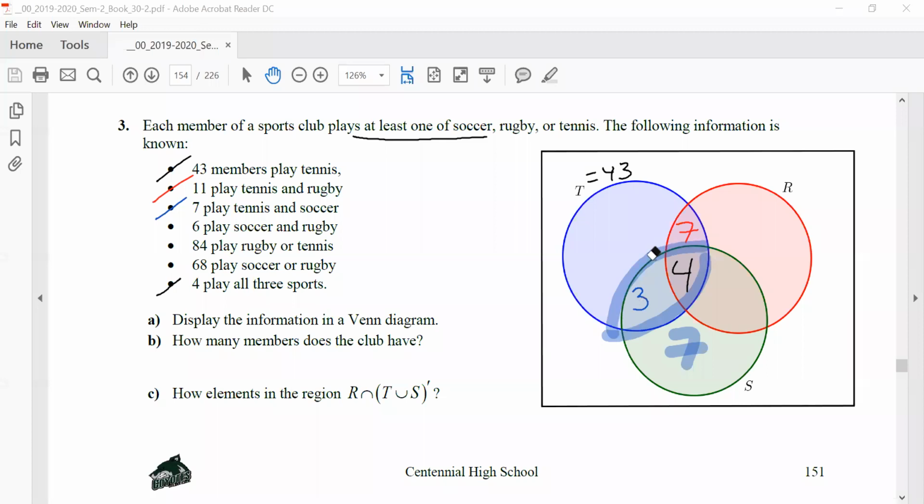So do you see every time we need to subtract? Okay, 6 play soccer and rugby. So again, I'll highlight it. It's nice and easy for me to do. There's 6 people that play soccer and rugby. So again, I need to subtract. That means there's 2 people right there that play soccer and rugby only.